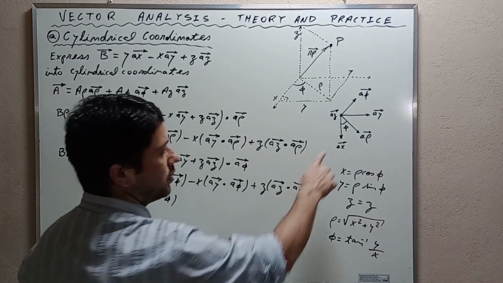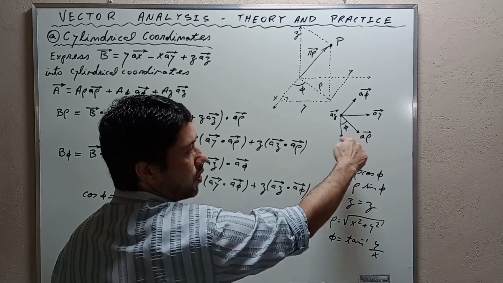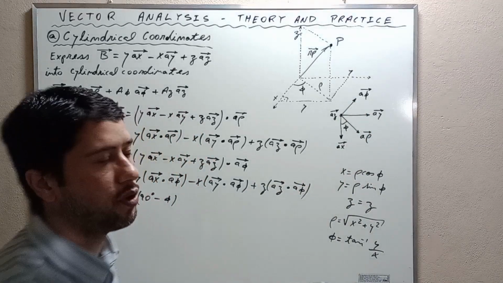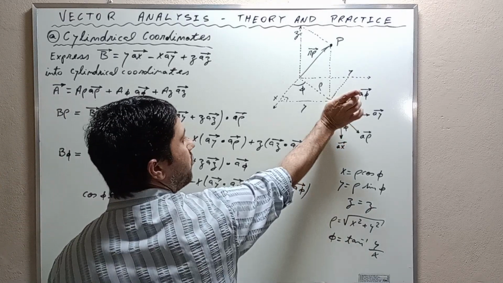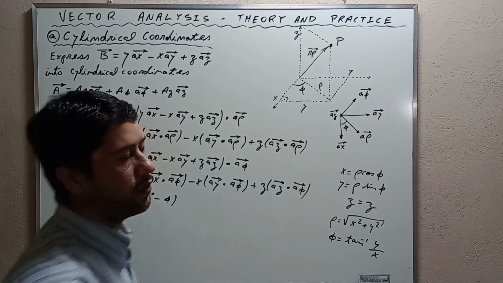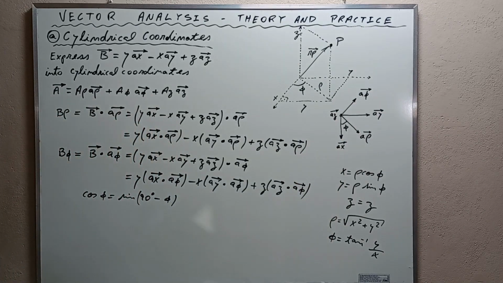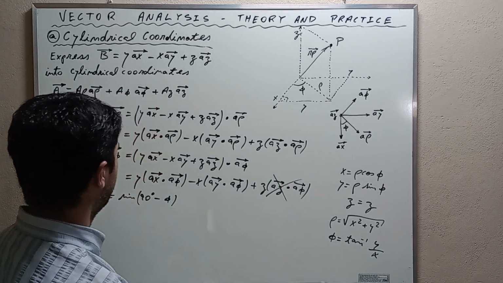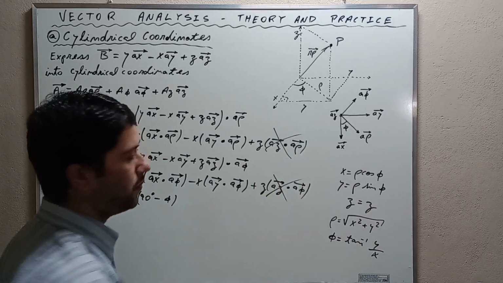So there is a non-zero dot product among them, but as z is in this direction, the angle is 90 degrees, the cosine of 90 degrees is 0, and in this way this is 0 and this is 0, okay?